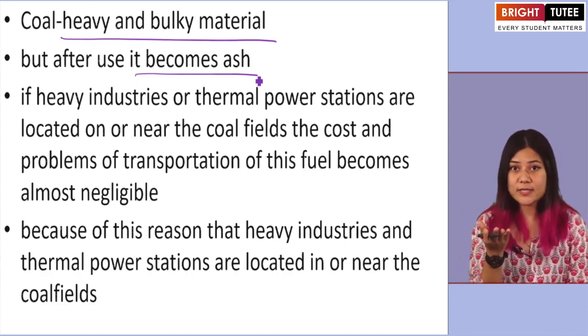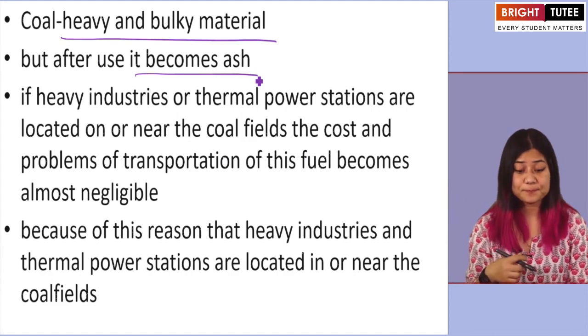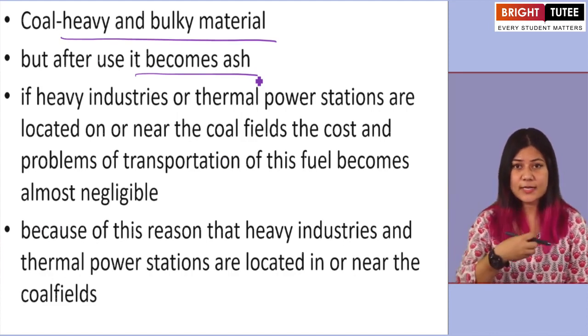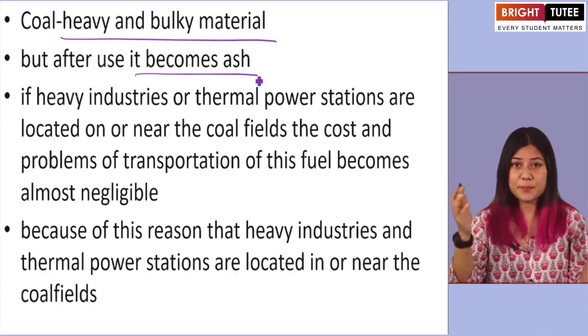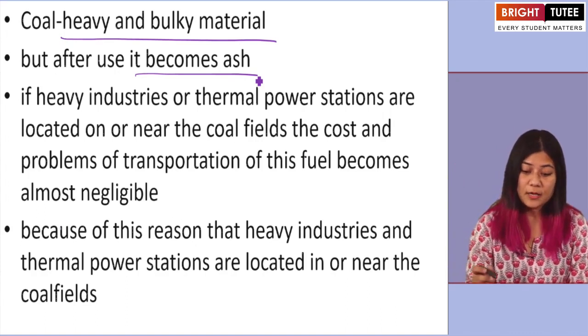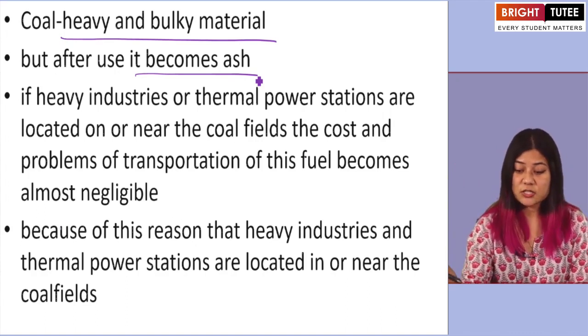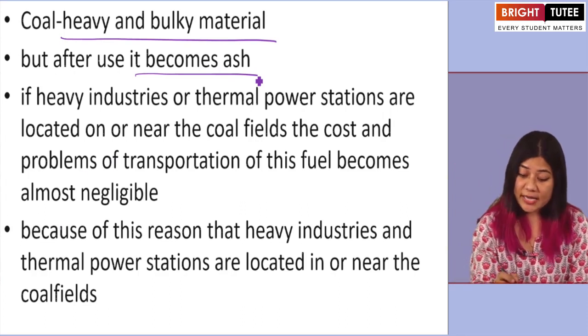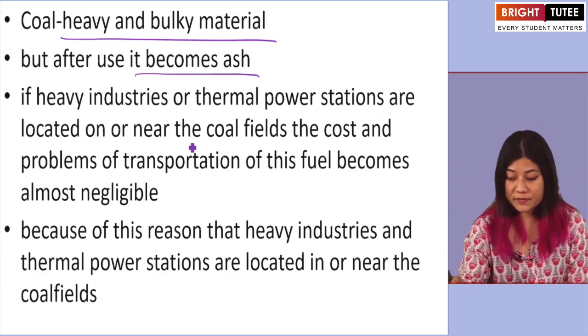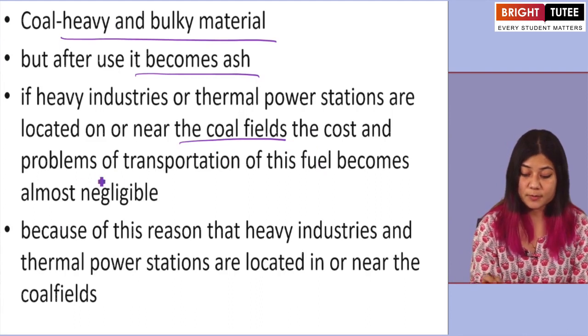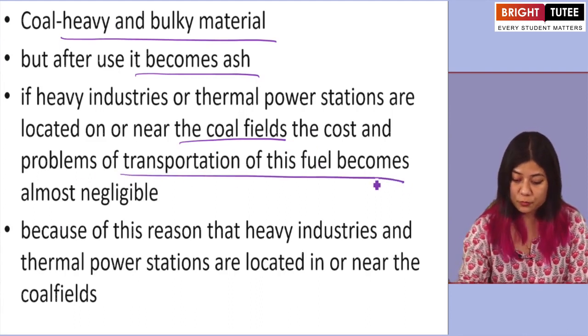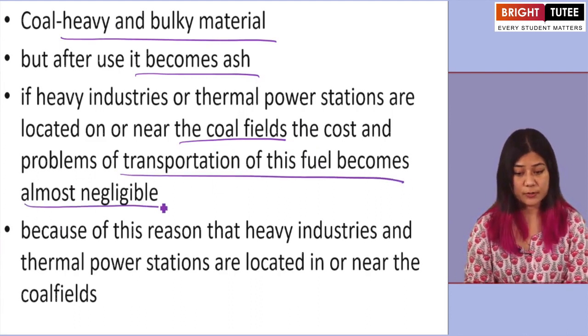If you blow it, it flies, or it disappears in the air. Now, if heavy industries or thermal power stations are located on or near the coal fields, the cost and problems of transportation of this fuel become almost negligible.